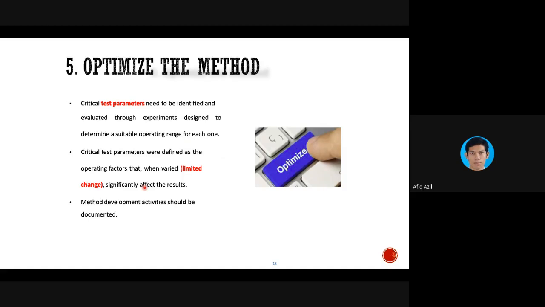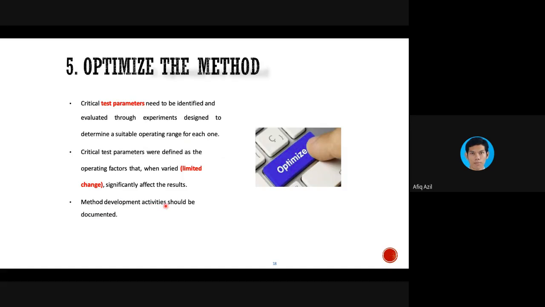So you can just say add about 10 ml. If not, you have to say exactly add 10 ml of sodium hydroxide. So this is what it means by optimizing the method. You see which part of the method has great effect on the result that you will obtain later.